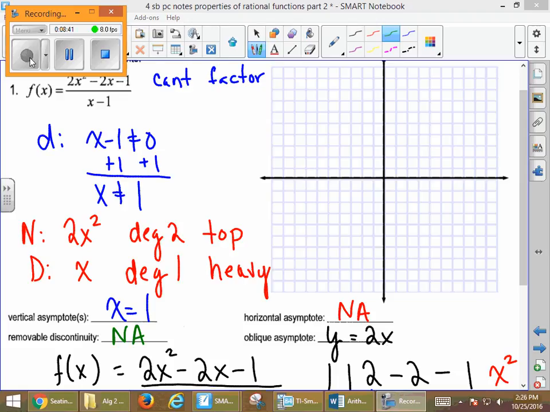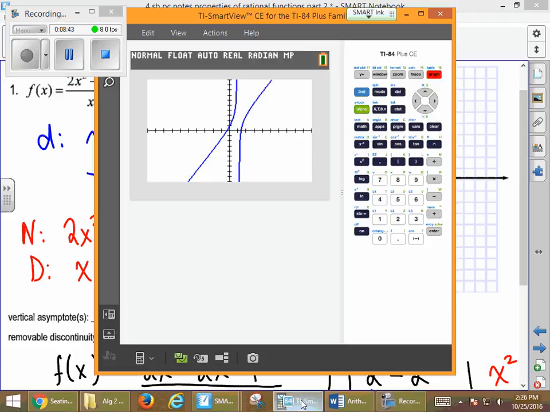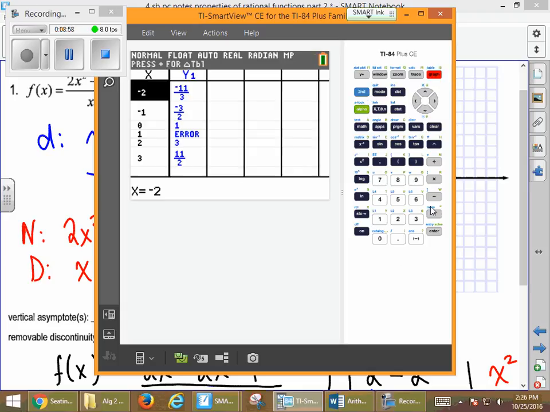And we type this into our calculator, we get this picture. And when we look at the table here, we can get a couple values to help us graph. Like negative 1 and negative 3 halves, which is negative 1 1/2.